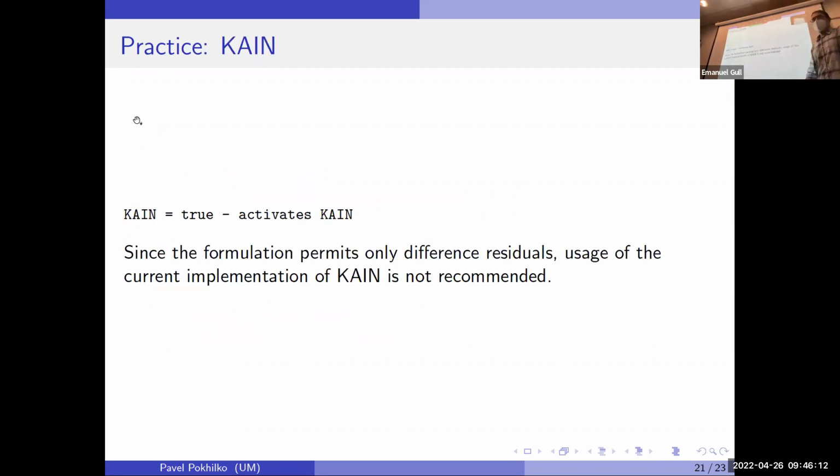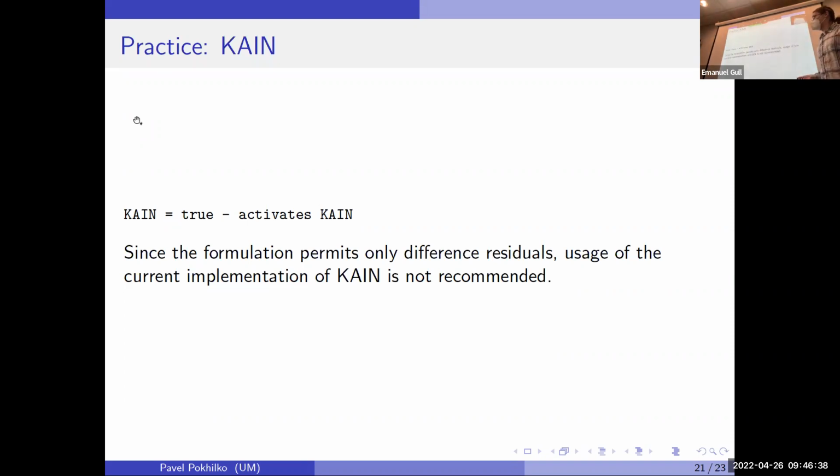And finally, if you want to use Chem, you need to be aware that it can work only with the difference residuals, because the commutator residuals lead to an ill-defined set of equations, so it won't work at all. So you need just to specify Chem equals true if you would like to use it.